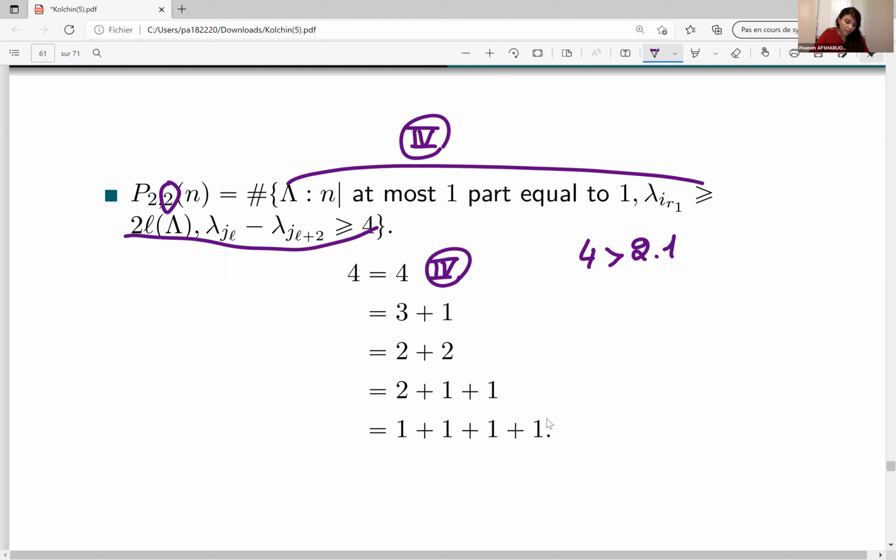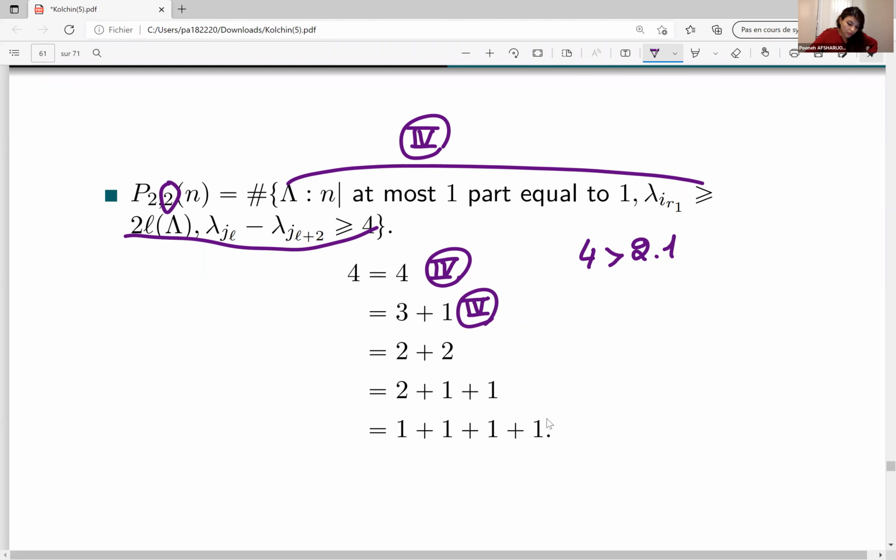In the next partition, we have just one part equal to 1. We don't have any even parts, and we don't have any block of 3 odd parts. So it is again a partition of type 4.